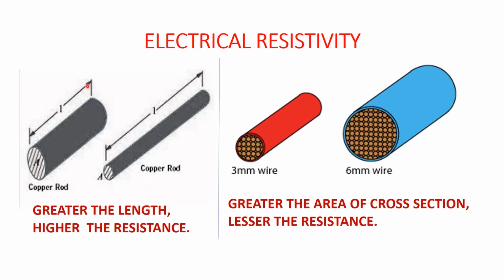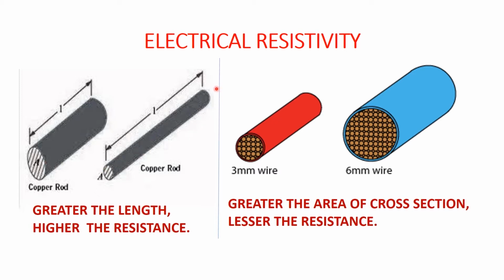Now let us see what the resistance depends on. We take 2 wires: one is a copper rod, and the other is the same copper rod but of different length. So we take 2 copper rods of different length. One has a length which is bigger than the other.